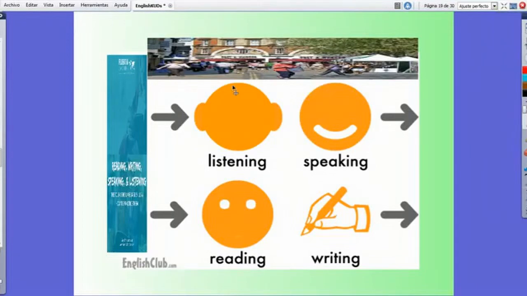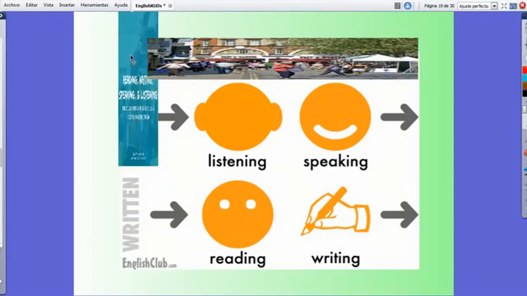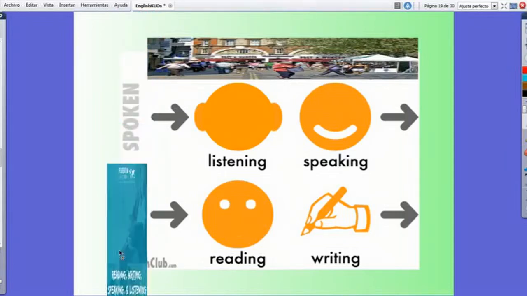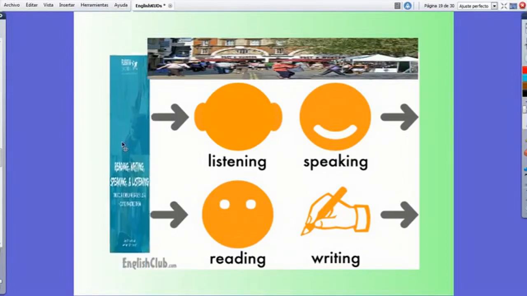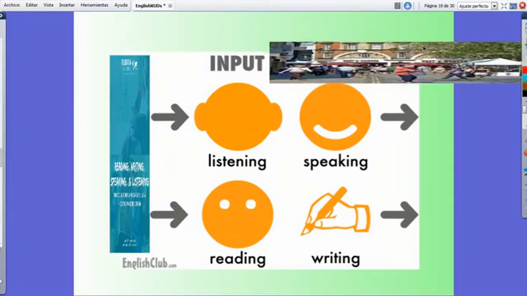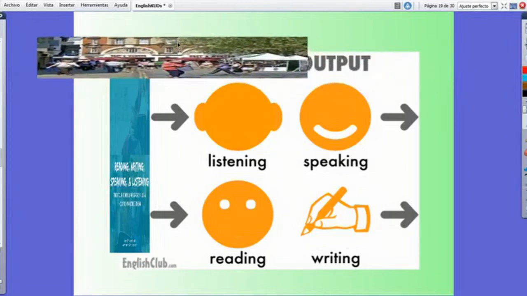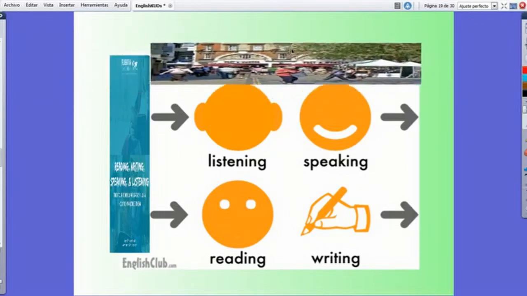Remember macro skills. We can divide them into written, such as reading and writing, and spoken, listening and speaking, or receptive or input, such as listening and reading, and productive or output, speaking and writing.